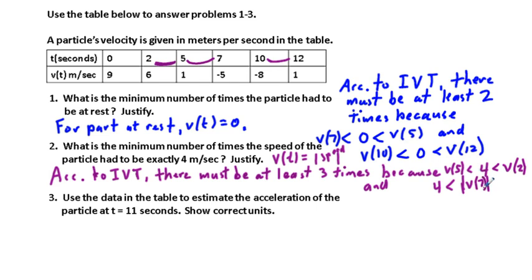Does that make sense? Because absolute value of v sub 7 is going to be 5, but greater than the absolute value of v sub 5.